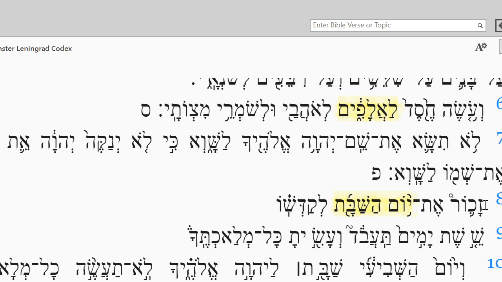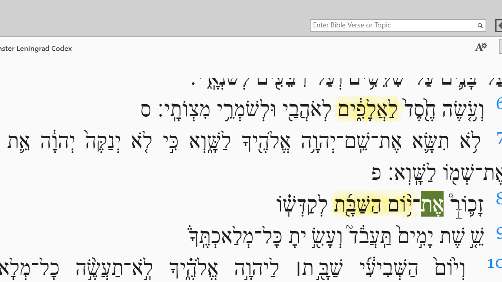So if you were to start here, zachor, remember. We have here the word et, which symbolizes a direct object. Basically, the easiest way to explain it is, it comes before the noun that's being modified, or the thing that is on the receiving end of an action.